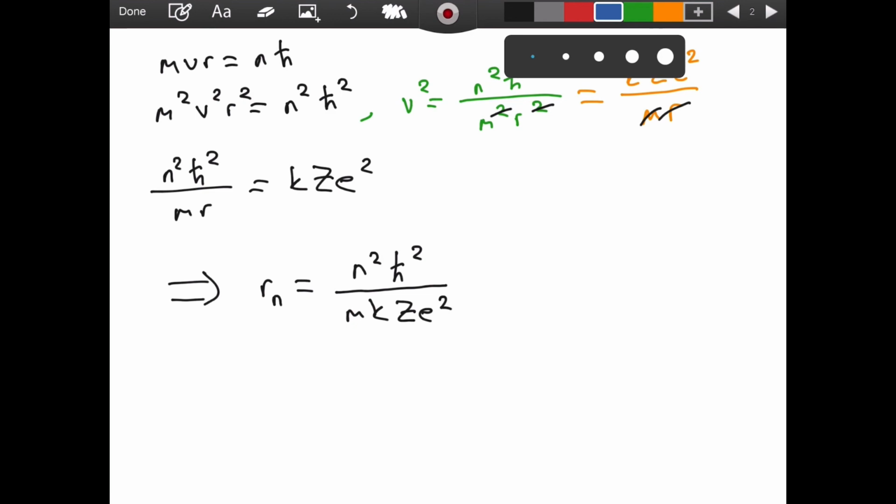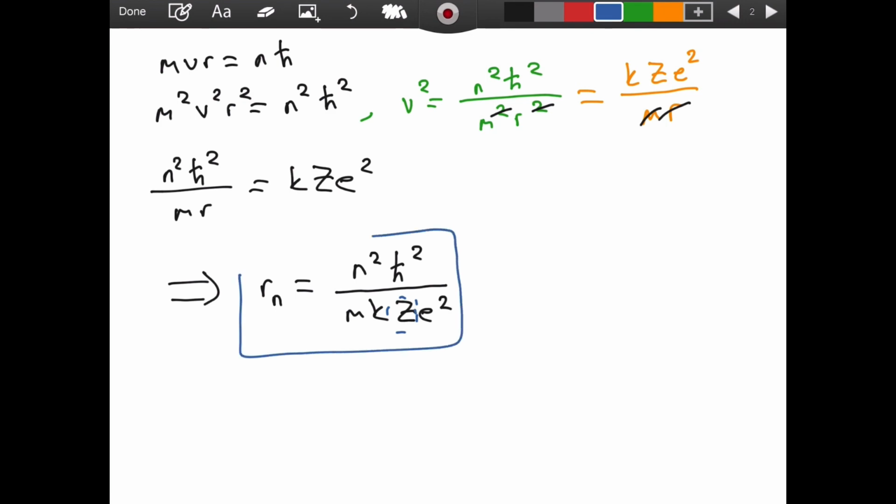And obviously, actually, z could change as well. If we have a hydrogen, helium or lithium, it changes. But as I said, oftentimes we write an n here to show the different energy levels, different radius levels actually for our electron as n changes.